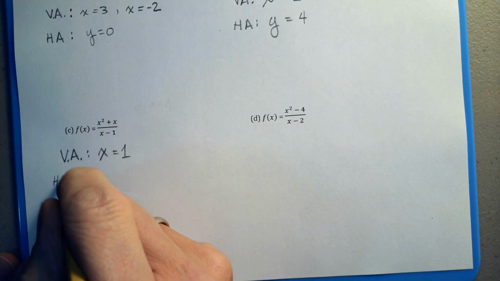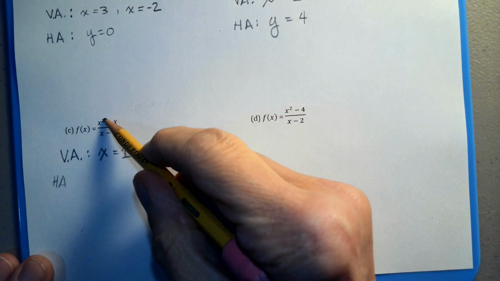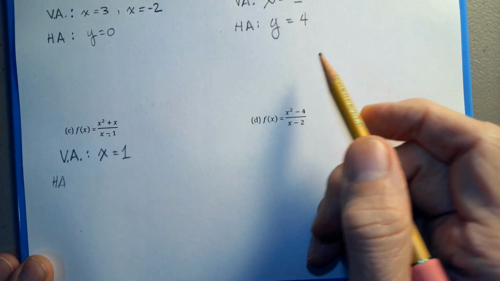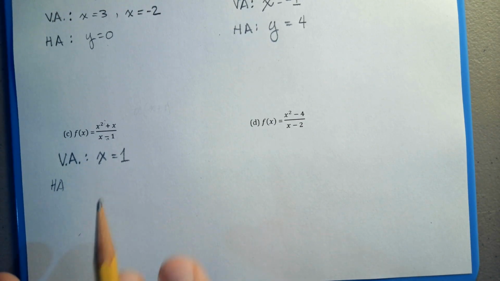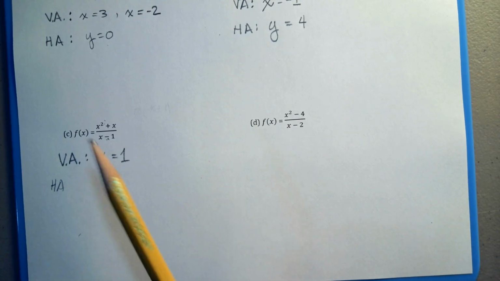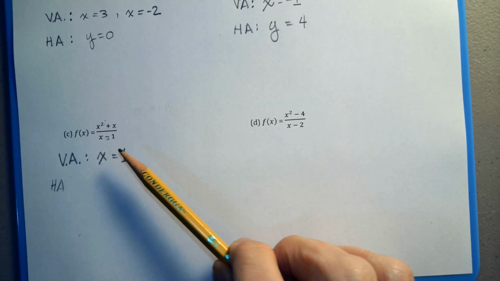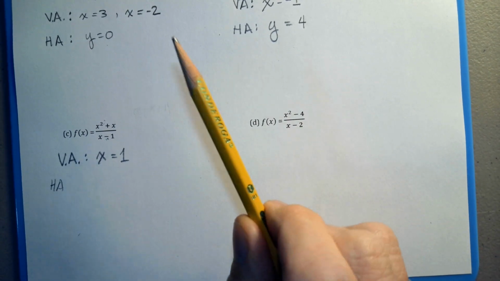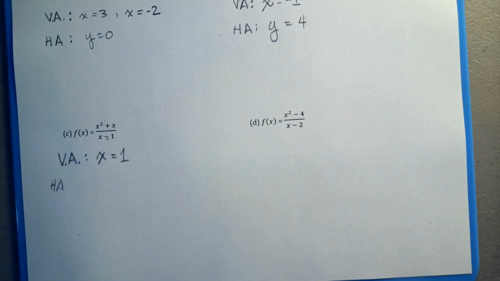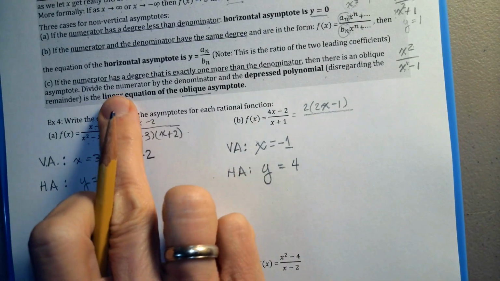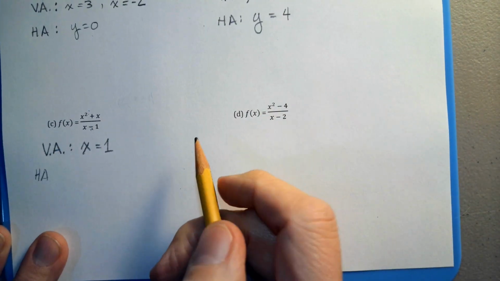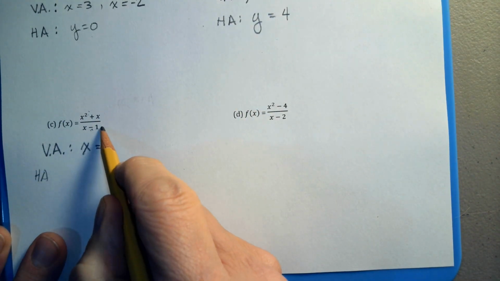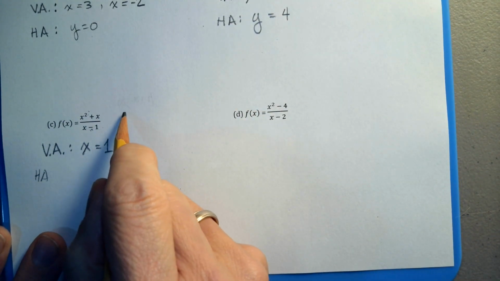The numerator is degree 2, the denominator is degree 1, so it's 1 degree more. That's exactly case C from up above. So that means we need to divide the two. It's a nice binomial, so we can use synthetic division.